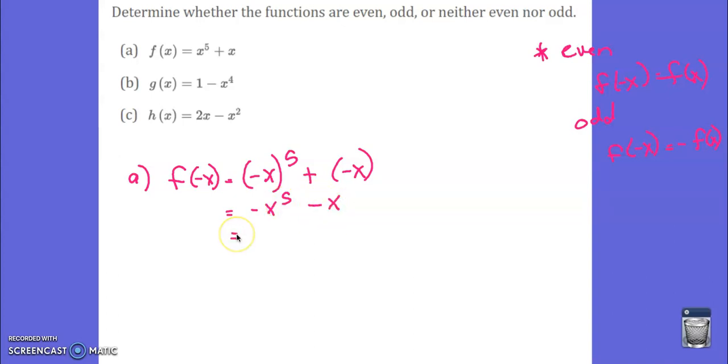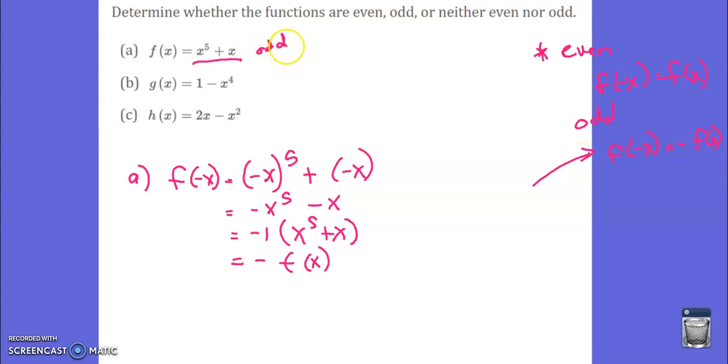If I factor out a negative 1, because they both have a negative 1 in common, I end up with x to the 5th plus x. Well, that's what f of x is. So when I substitute negative x in, I end up getting negative f of x, and that happens to be an odd function. So this is an odd function. All right, that's letter A.